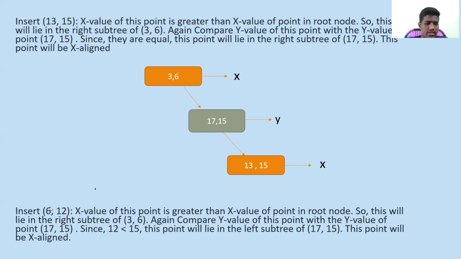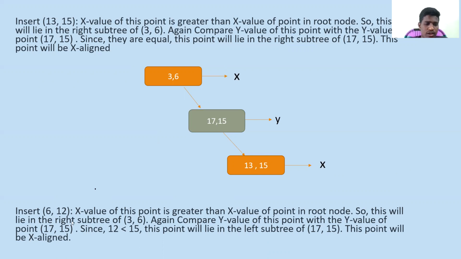Next, similarly 6 comma 12. In this, the x value is 6. As 6 is greater than the root value of 3, it should be there towards the right side, the right subtree of this 3 comma 6, that is the root node.